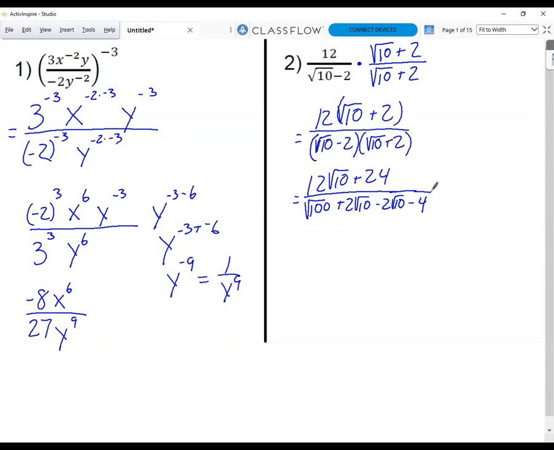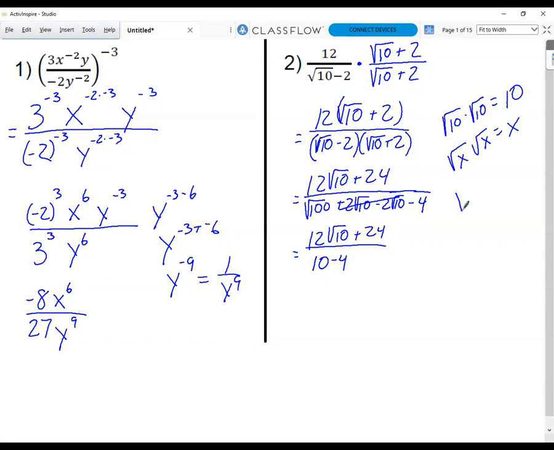These middle terms will cancel out. So you're left with 12 root 10 plus 24 over the square root of 100, which is 10, minus 4. Remember, the square root of 10 times the square root of 10 is just going to equal 10. Square root of x times the square root of x is just x. Root 3 times root 3 is just 3.